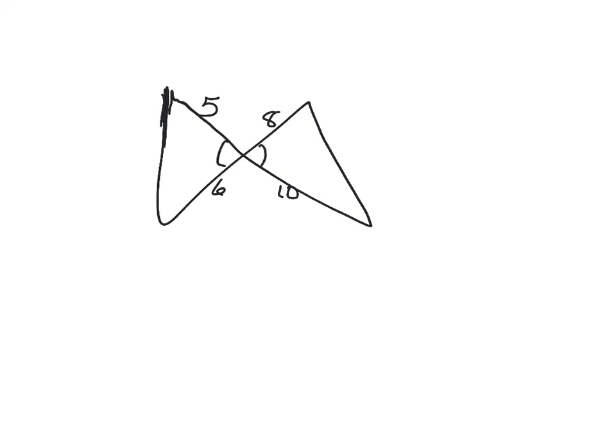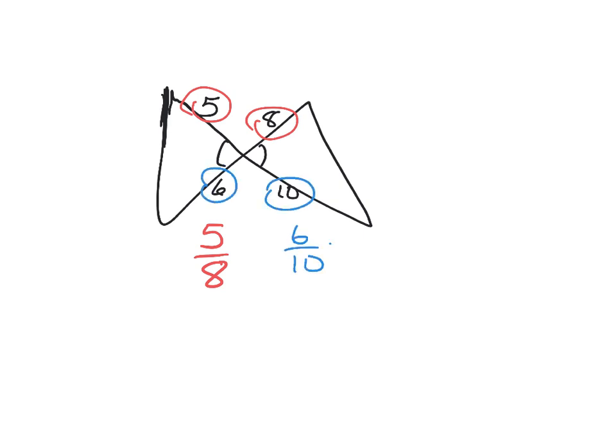However, let's double check that the sides are proportional. So if I match 5, the smaller number with the smaller number here, it would be 5 to 8. And then if I match the bigger number with the bigger number here, 6 to 10 simplifies 3 to 5. These are not proportional, so this would be not similar.